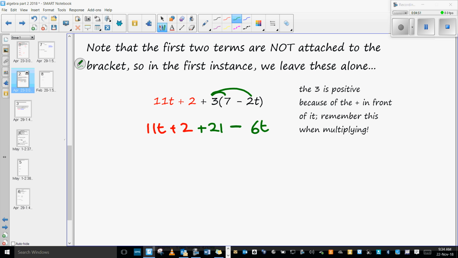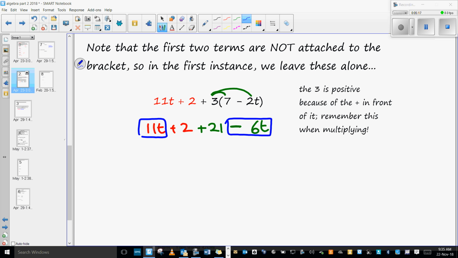Brilliant, we're awesome. But we now have to simplify if possible. So we have to say to ourselves, are there any like terms? So, I can see I've got an 11t here. Are there any other terms that are t? Yes, the 6t. So be careful here. Remember to include the sign. Remember I suggested to put shapes around them.